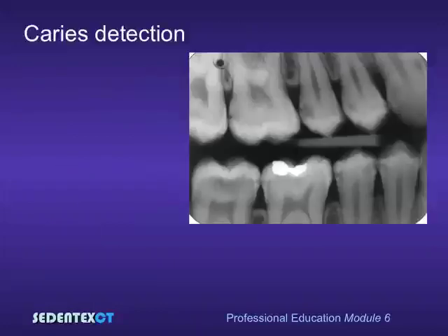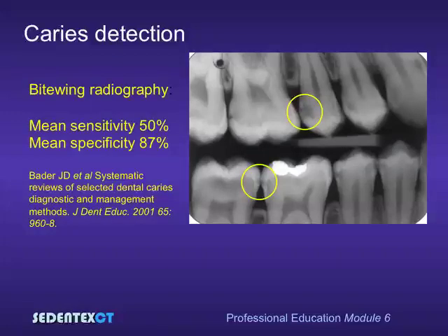First of all, let's consider caries detection. Here is a bite wing radiograph. We can all identify some carious lesions here, and there are indeed many more on this patient. How good are conventional radiographs at diagnosing dental decay? Well, Bader et al. in 2001 performed a systematic review of selected dental caries diagnostic and management methods, and they concluded that the mean sensitivity of bite wing radiography for caries detection was approximately 50%.